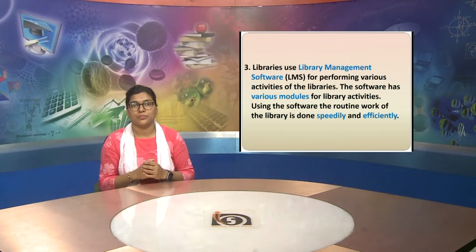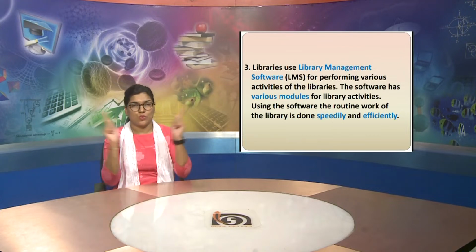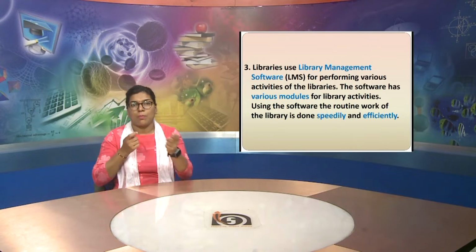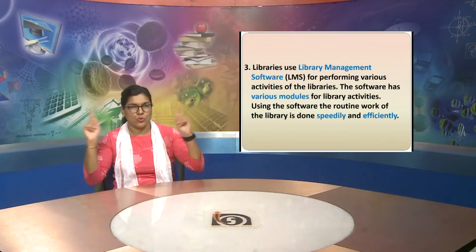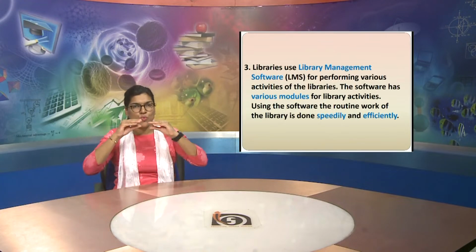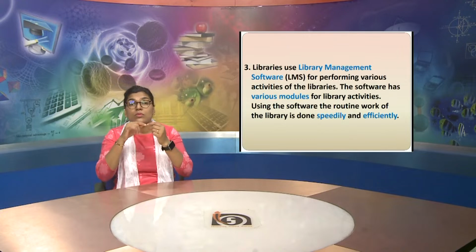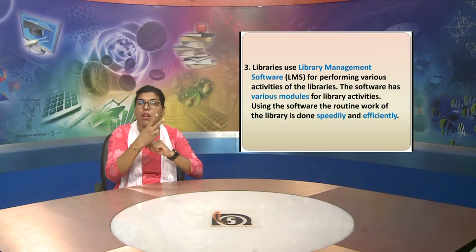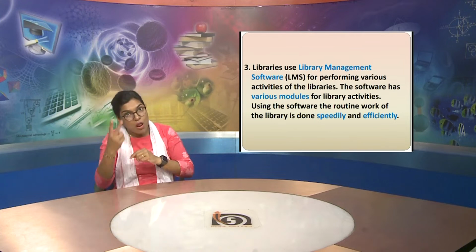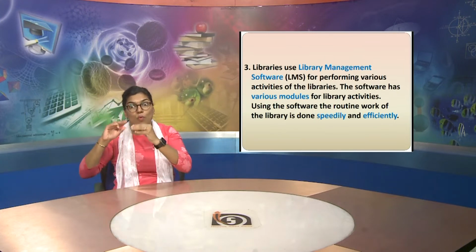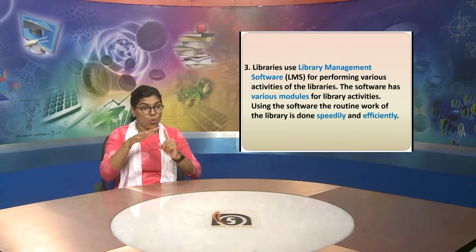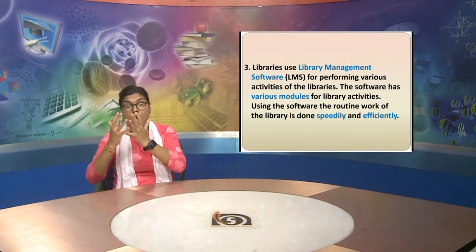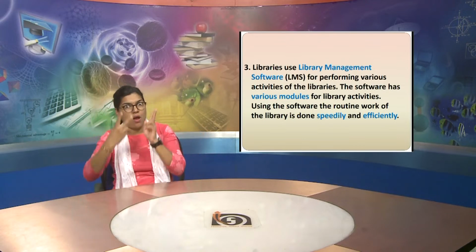Point number 3. LMS is known as Library Management Software. This software is used by a library for performing various activities of the library. The software has various modules for library activities. Using the software, the routine work of the library is done speedily and efficiently.